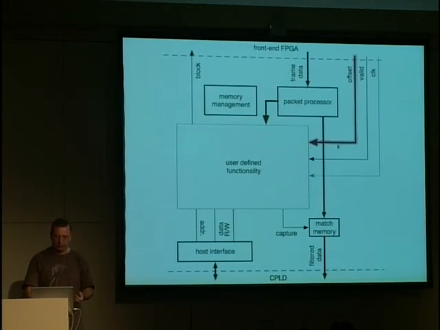And some signals from the front-end FPGA and some signals from the host. And a signal to capture the match memory and also a signal to block frames, if you will. And it's just a description, nothing else. You have to make your own functionality there in either Verilog or that other language.